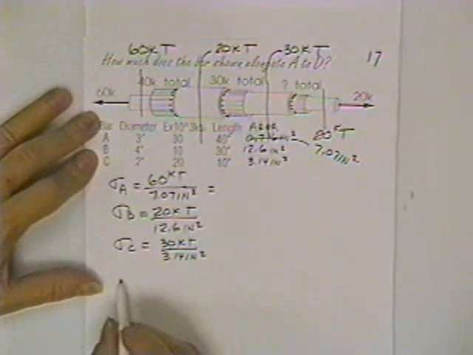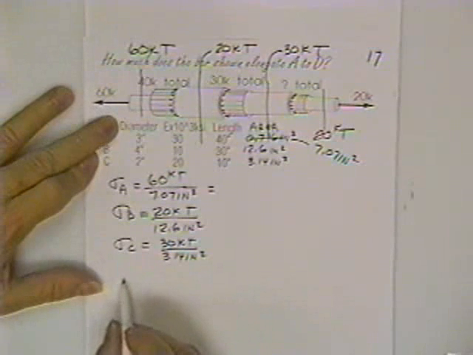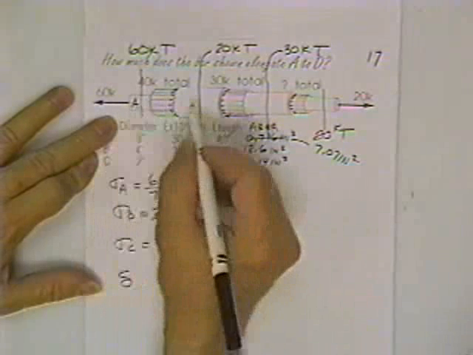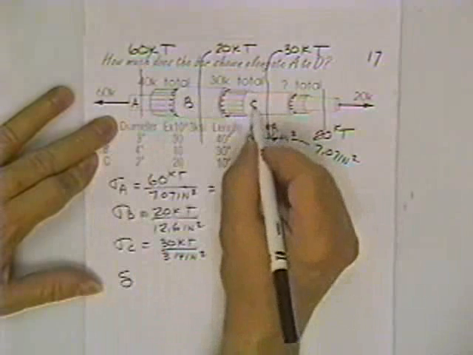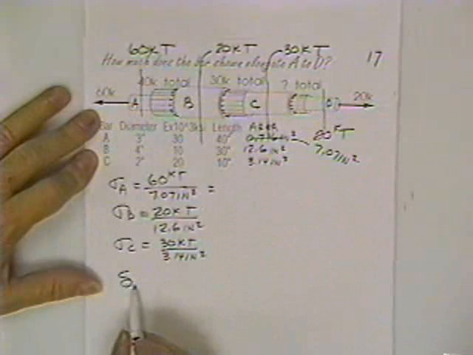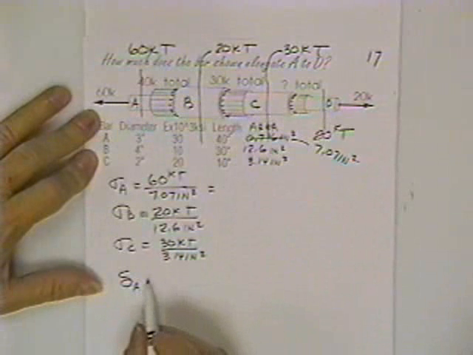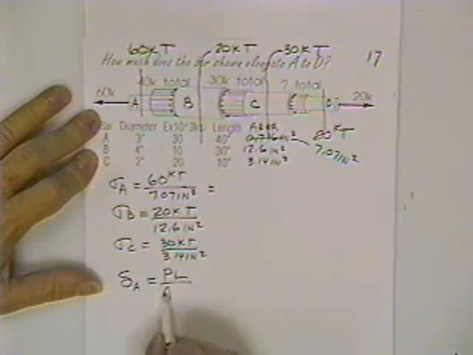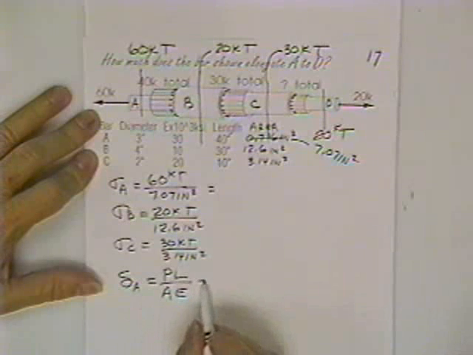Now we can tell how much stretch each little piece has personally. Here's the stretch in bar A. The total stretch in bar A is equal to PL over AE, where everything deals with bar A only.